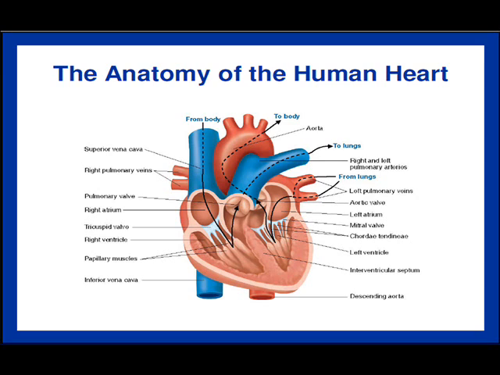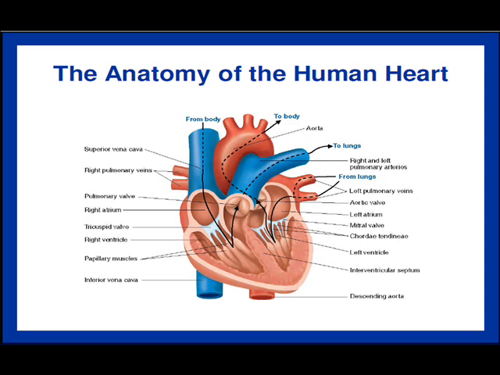Why is it called tricuspid? It's got 3 valve leaflets. From there, it's pumped into the right and left pulmonary arteries that go to the lungs, and the valve that controls that is the pulmonary valve.